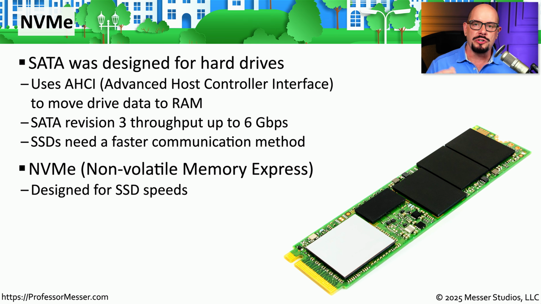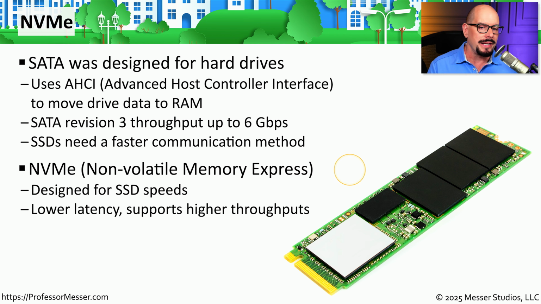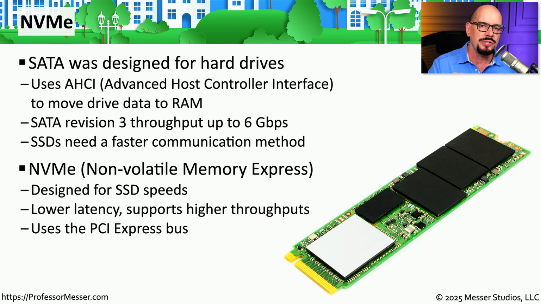To be able to increase the speeds of these throughputs, we created a new method of communication referred to as NVMe. This is the Non-volatile Memory Express. It has very low latency and can support higher throughputs because it is directly connecting to the PCI Express bus, even if that bus is one that's inside of a laptop.